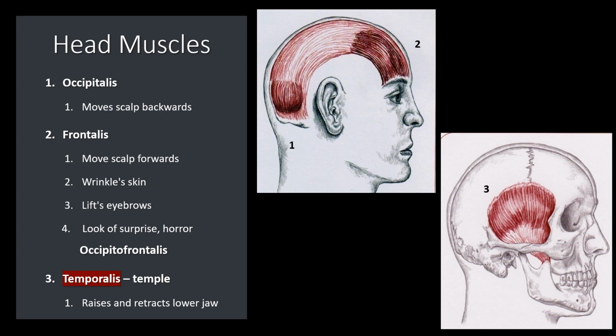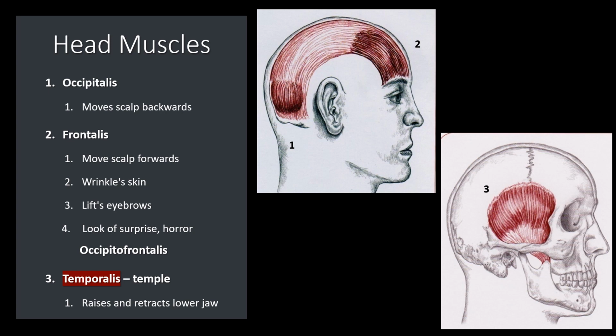Then at the side of the head, we have the temporalis muscle at the temple. Now, unusually enough, this muscle moves the jaw. Can you see that it's actually coming down and underneath the cheekbone, the zygomatic bone, it's actually attaching to the mandible. So it raises and retracts the lower jaw. So if you put your hands on the temporalis muscle and clench your jaw, you can feel that the temporalis muscle is moving.